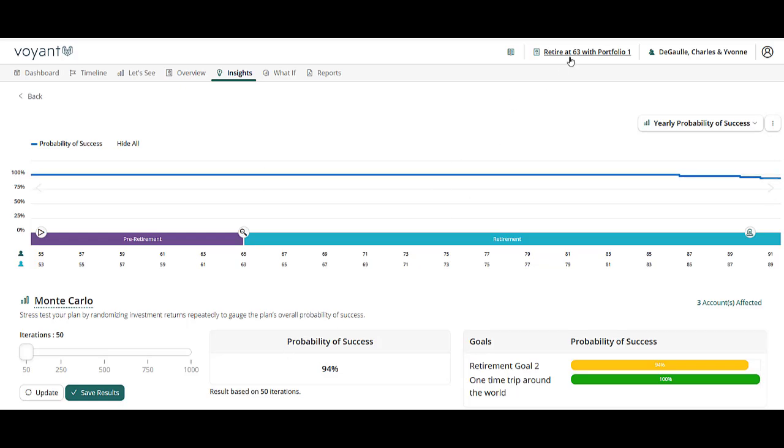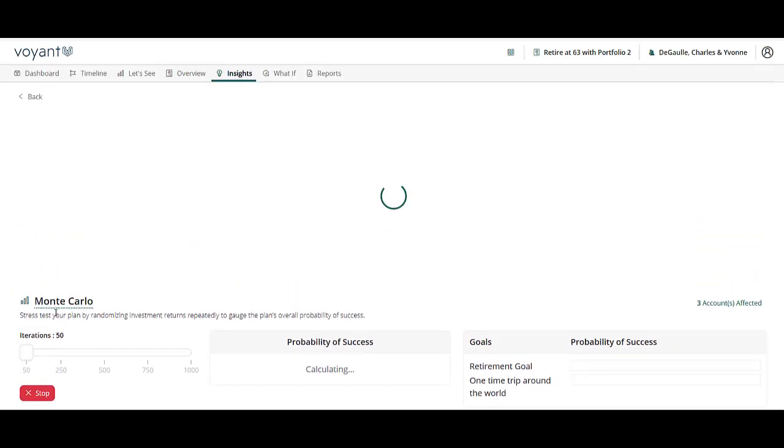Now, you can also go and do this again with retire at 63 in portfolio 2, and see what the probability of success is for that plan, and then click Get Started, and you can see which of these plans has a higher probability of success, and compare and contrast those two plans against each other to help determine which of the plans has a higher probability of success.